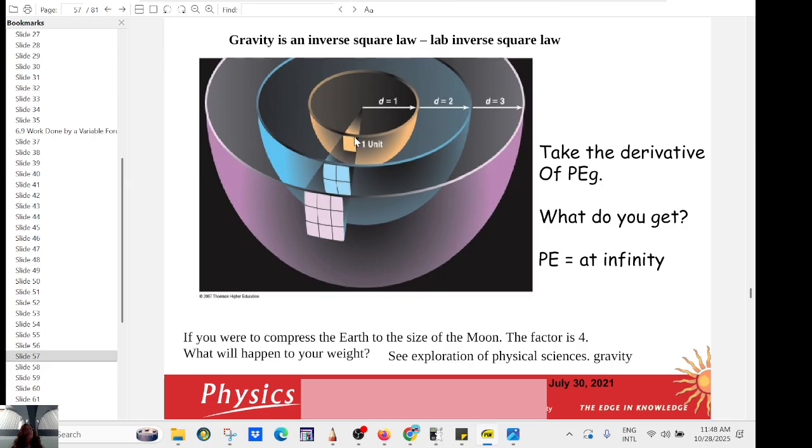Per square unit. If you multiply the distance by 2, the same light will spread out over 4 times the area. Can you see that? The same light, so the thickness will be divided by 4. If you multiply the distance by 3, the same light will spread out over 9 times the area.